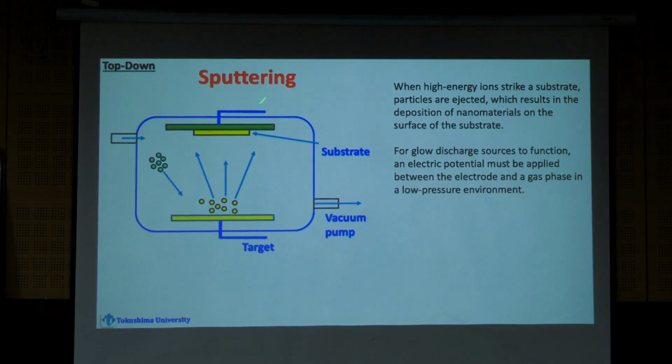Now if you look at this, in thermal evaporation you simply heat, but here RF sputtering. So electrodes are used, positive and negative, and due to the RF sputtering, the electric field is between this anode and cathode.